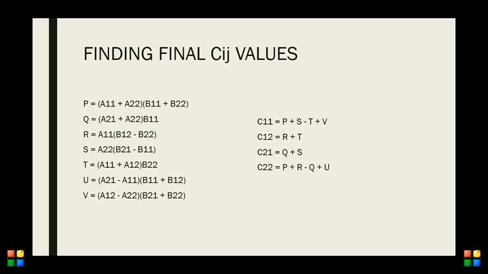I hope it helps you somehow, in some way, to write these formulae in your examination and to solve Strassen's matrix multiplication problems without referring to the book for the formula. I would suggest you write these formulas first on paper before you're solving.